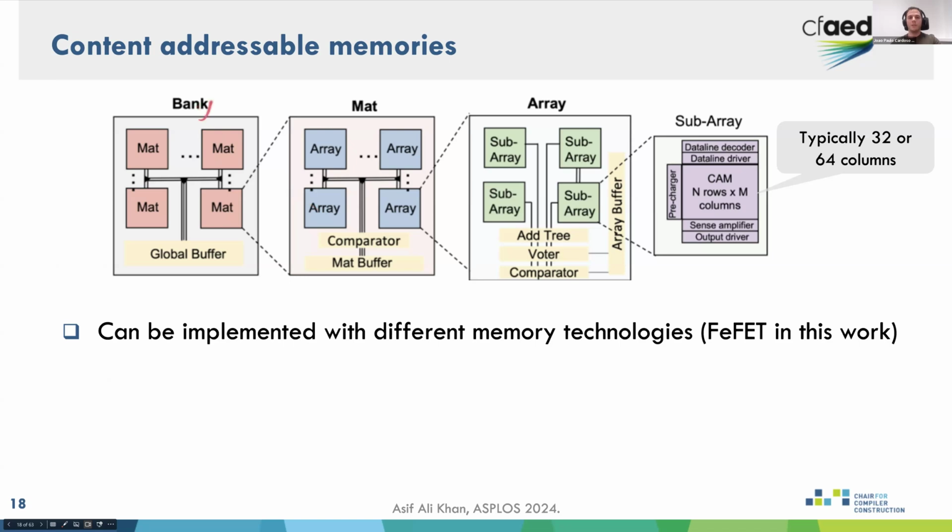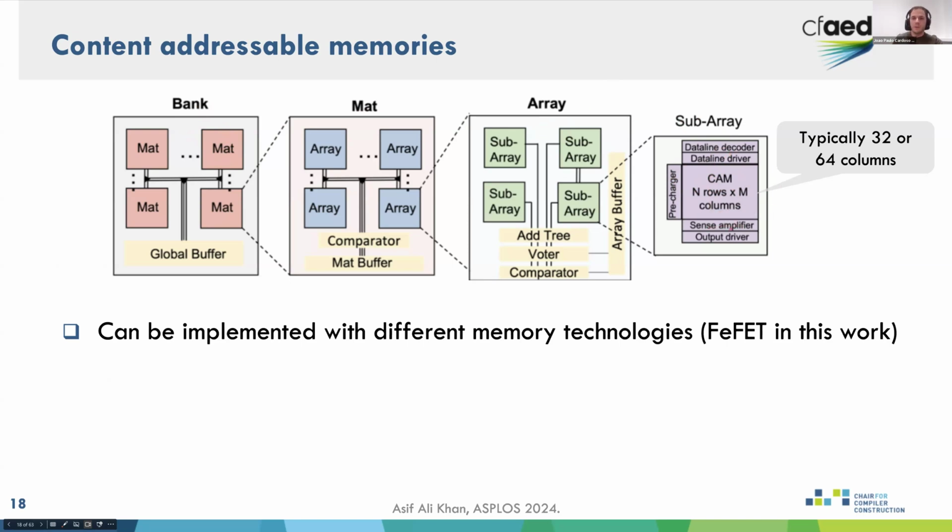Right, so content addressable memories also follow some hierarchy as traditional random access memories. And here we are going to consider banks, mats, and arrays. Inside of an array, you're going to have subarrays, which are a memory grid with rows and columns, as in traditional memories. But they also have a pre-charge circuit, and they also have some decoders and some amplifiers in it.